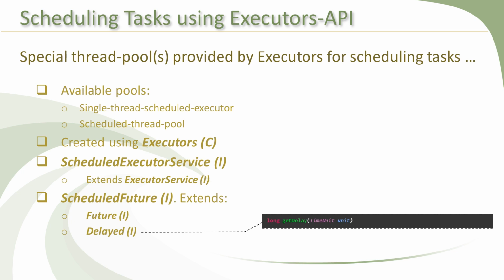But the caller of this method can never be sure of the exact time of execution, because when the method returns, it will return the remaining delay according to that particular moment of time when this method is called. It is quite possible that due to thread dynamics or other reasons, when the returned value actually reaches the caller, some more time may have passed and the received value no longer represents the remaining delay accurately.